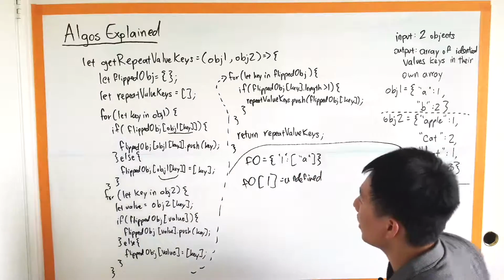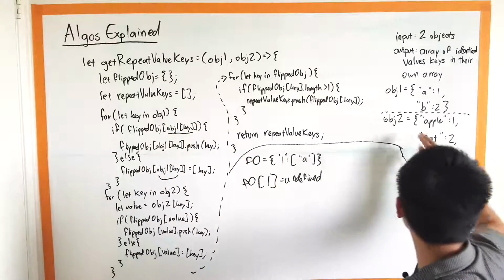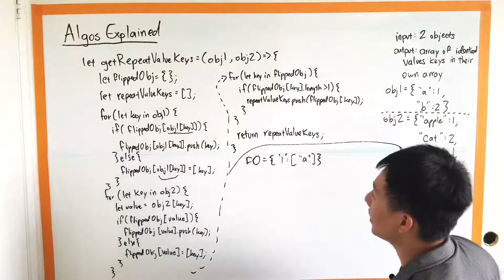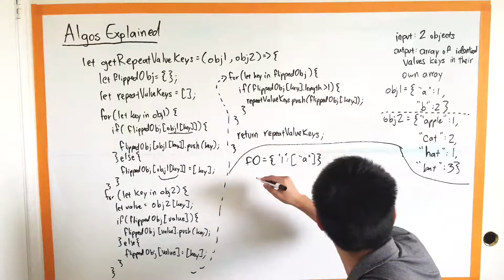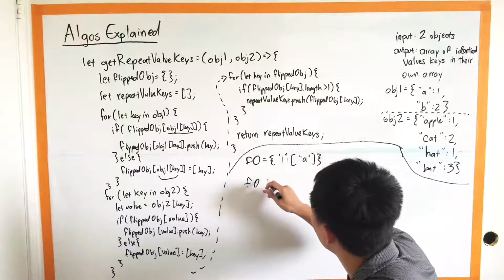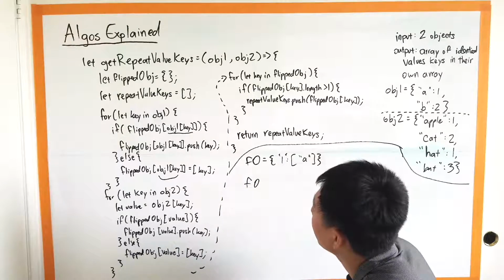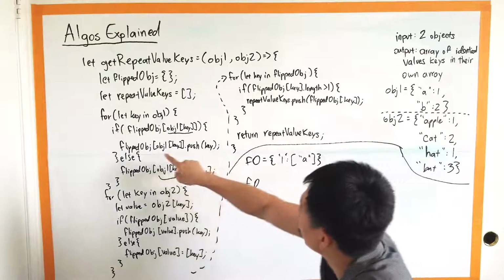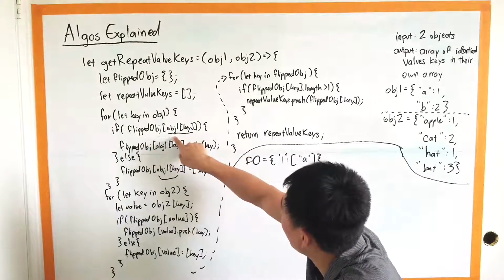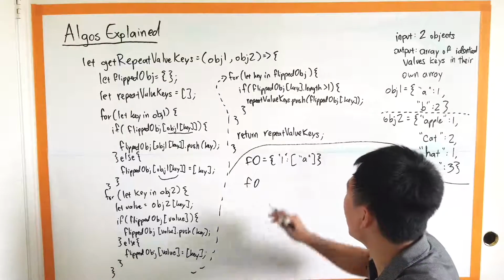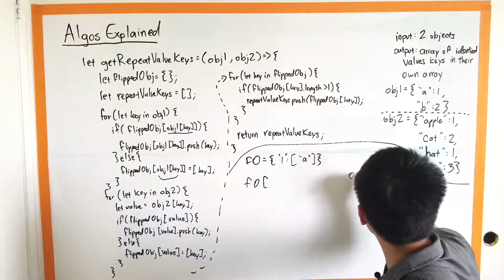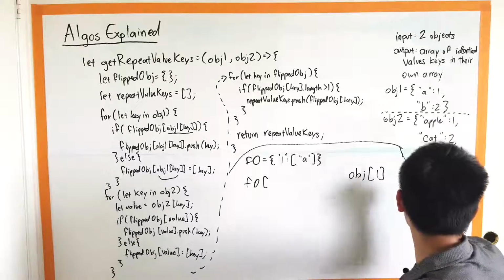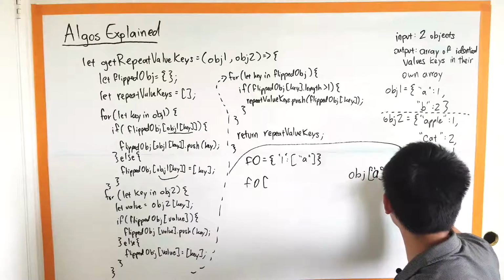Now we go on to the next key, which is B. We are going to check FO of, well, the key is B, but we're checking flipped object of object tapped into the B. If we're looking at OBJ of A, that's 1.